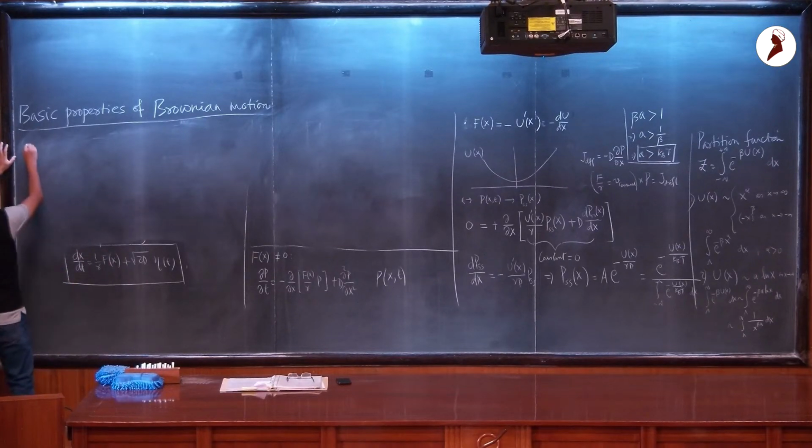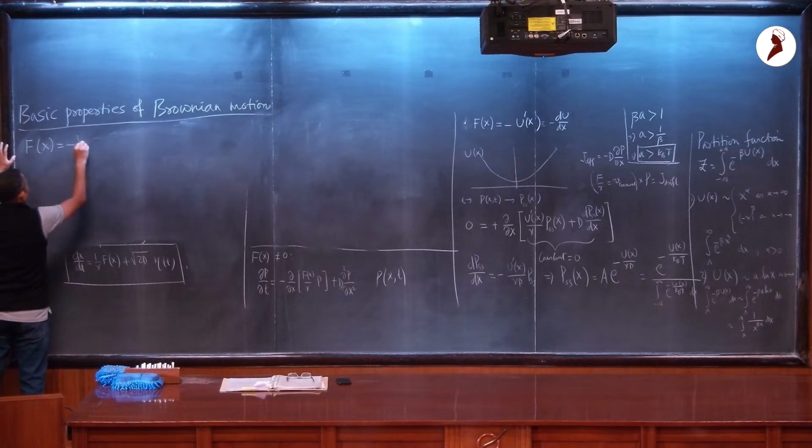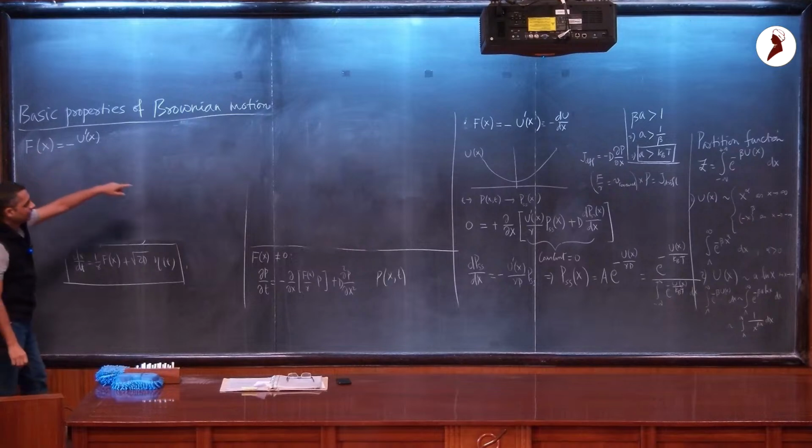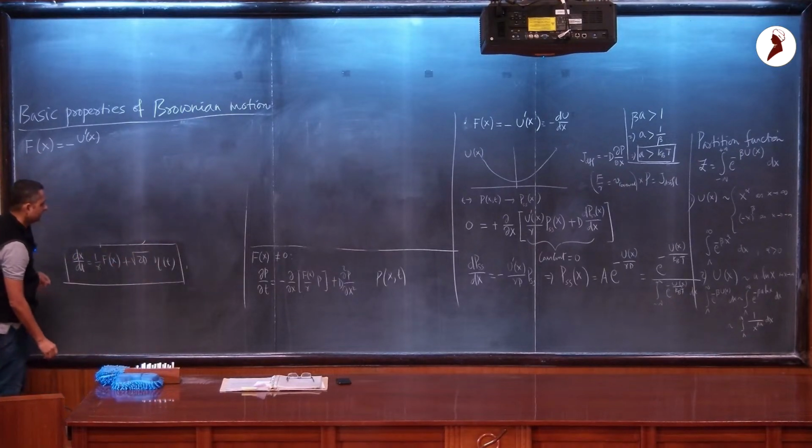So let's take the case where f of x is minus u prime x. So this is the case. So what is the Fokker-Planck equation?